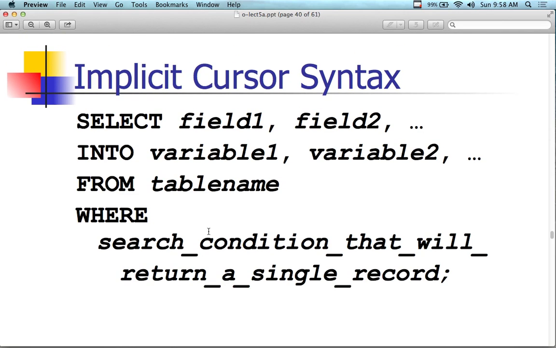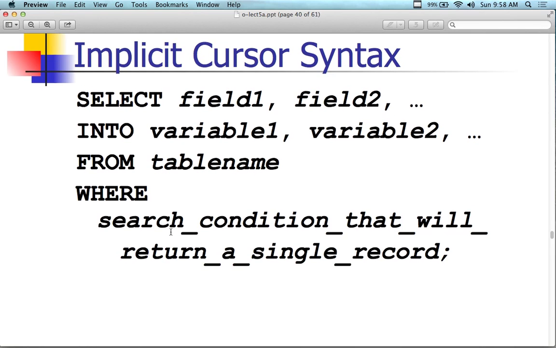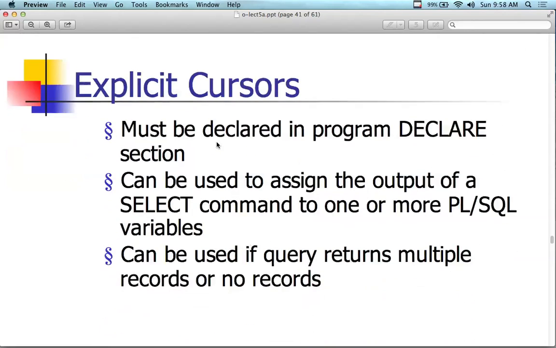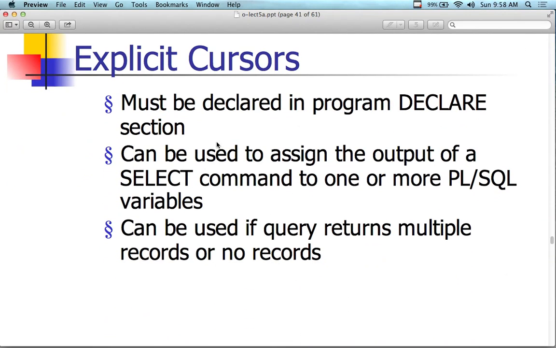Actually this is just an ordinary query, and you're putting it into variables that you're doing in PL/SQL. So you might say that the SQL capabilities are further enhanced with PL. You have the ability to run some interesting things where the results get put into variables automatically for you, and stuff like that. So that was the implicit.